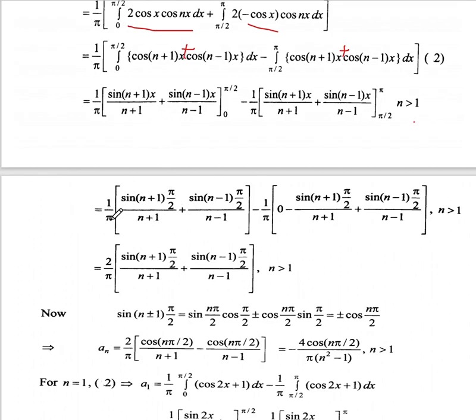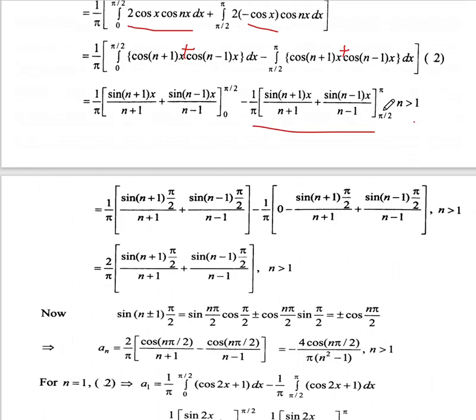This term can be written as 1 upon pi, in the first bracket sin n plus 1 pi by 2 upon n plus 1 plus sin n minus 1 pi by 2 upon n minus 1, minus the second term, which becomes 0 because sin 0 is 0. Then for the second part, putting x equal to pi, sin n plus 1 pi divided by n plus 1 plus sin n minus 1 pi divided by n minus 1.